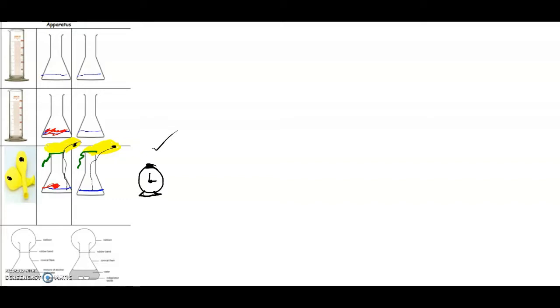In the last step, observe the size of the balloon after around 1 minute. As you know, you have a fixed time. You are controlling time. You have taken time as a controlled variable, and in the given time, you are observing which balloon has the more amount of carbon dioxide.